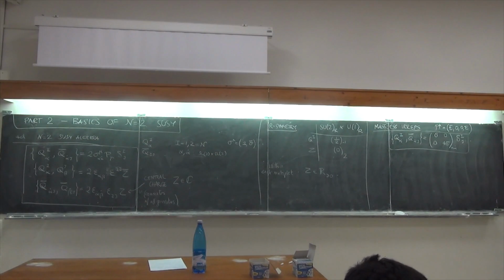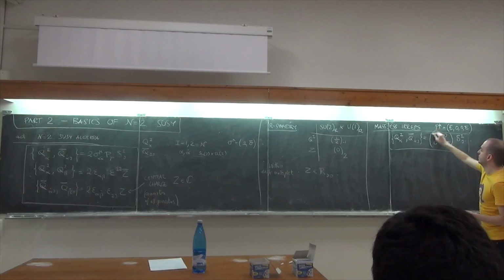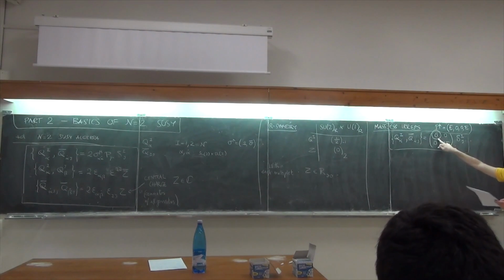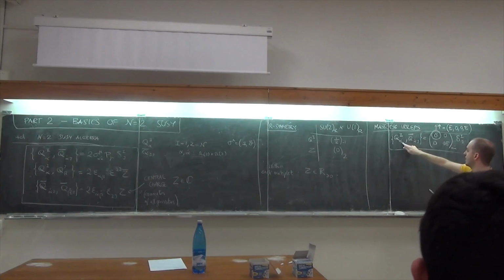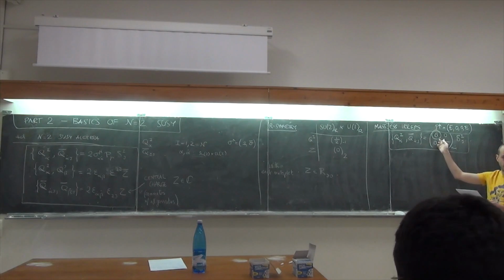Okay. So now note that if we consider alpha equal alpha dot equal 1, we pick out this entry of the matrix, which is 0. And so this tells us that the anticommutator of Q 1 i and Q bar 1 dot i is 0.